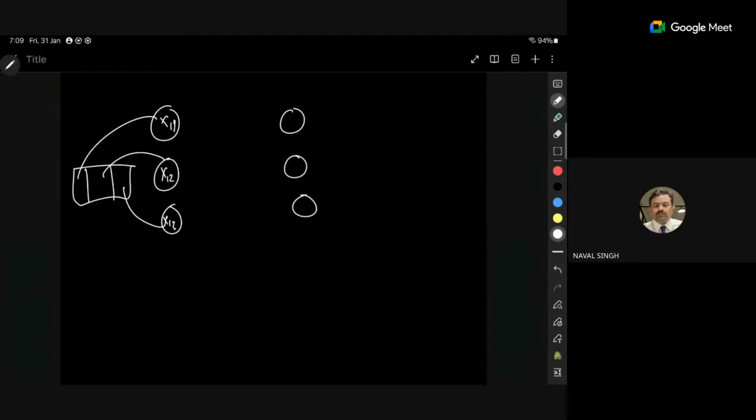The hidden layer has two components. First you do the matrix multiplication with weights, and you get what is called the pre-activation.